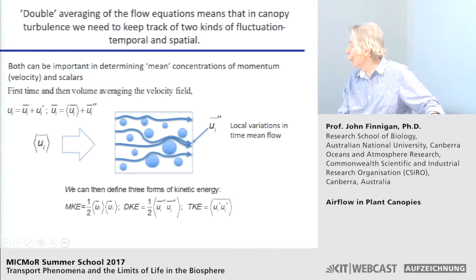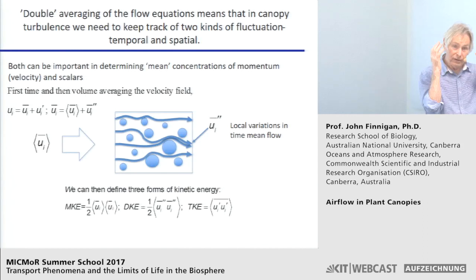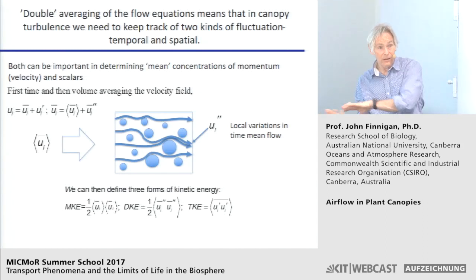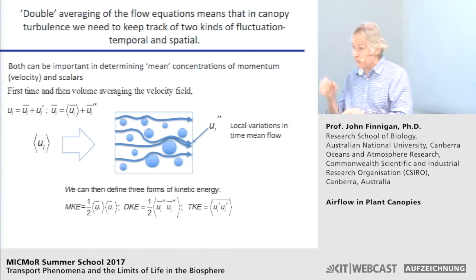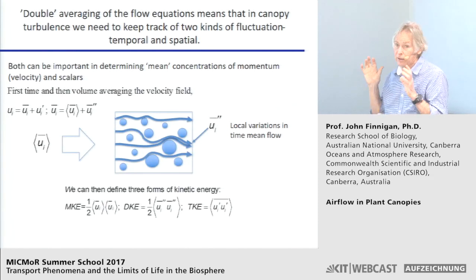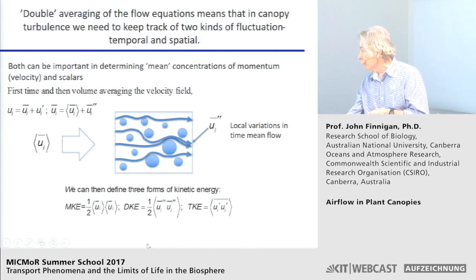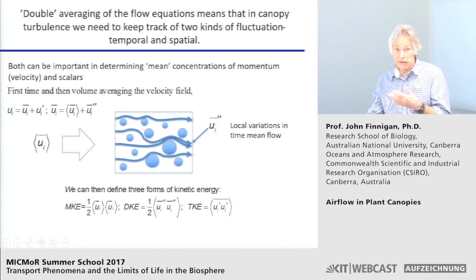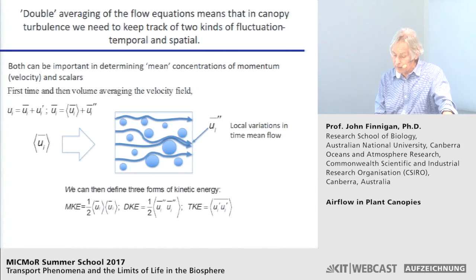But that allows us to define three forms of kinetic energy. Remember, we talked about shear and buoyancy producing turbulent kinetic energy, and then that turbulent kinetic energy ending up as heat, eventually through the action of viscosity on tiny eddies. But now we've got three forms of kinetic energy: the kinetic energy in the mean flow, the kinetic energy in the spatial fluctuations, and the kinetic energy in the temporal fluctuations in our slab.